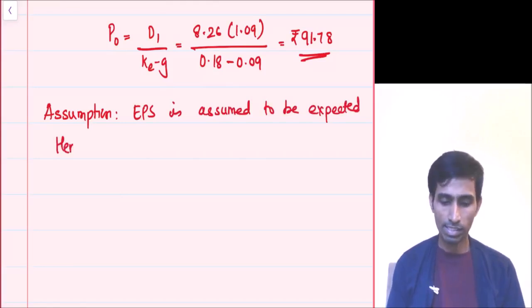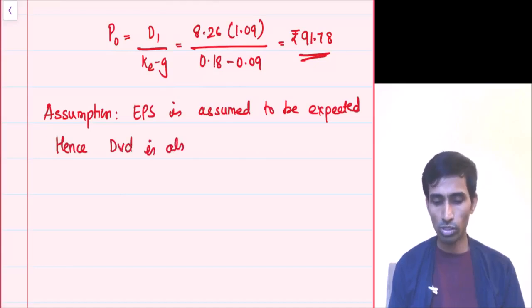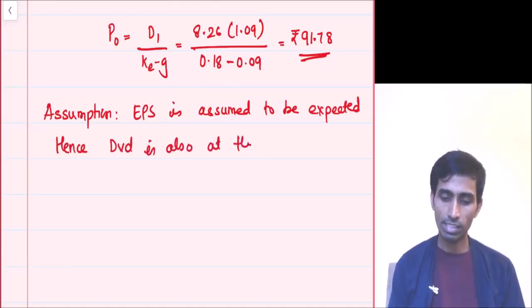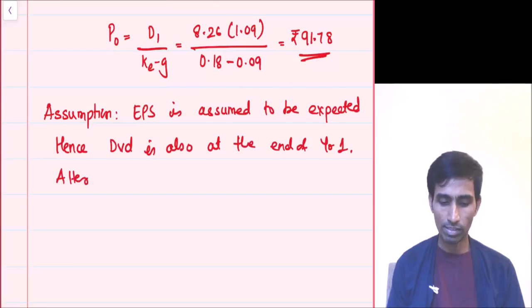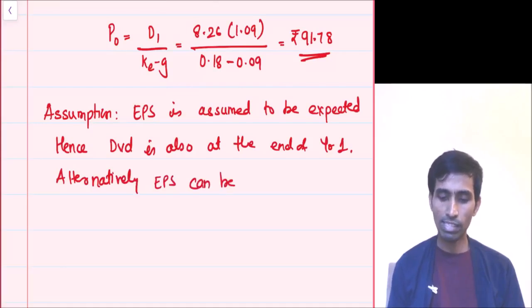Hence, dividend is also at the end of year 1. Alternatively, EPS can be assumed at 0th year.